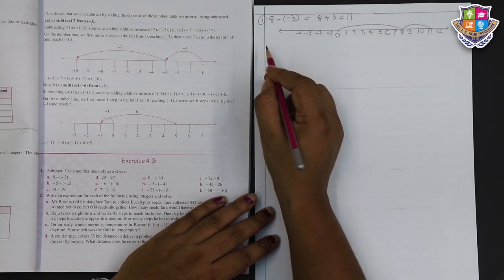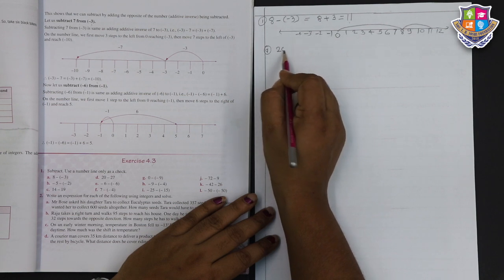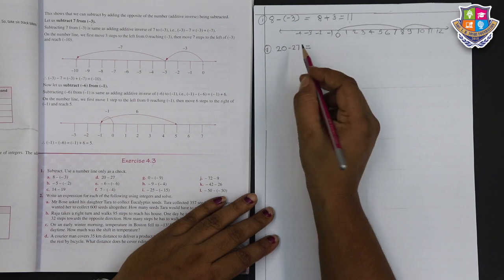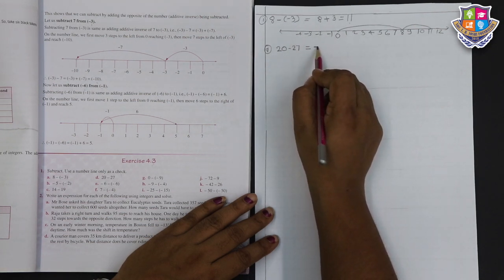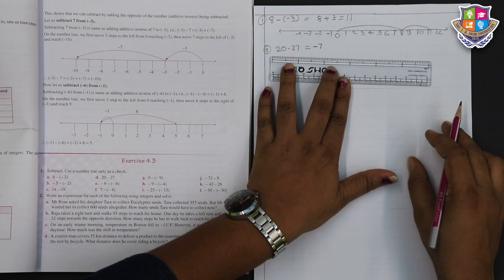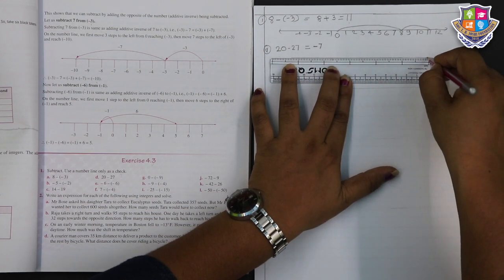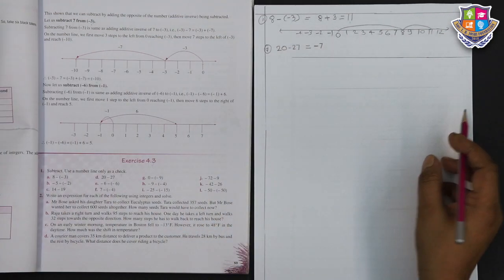Now see D1. D is 20 minus 27. So what do you have to do? 20 minus 27 is equal to -7. Just see how it comes. Make the number line up to 27.